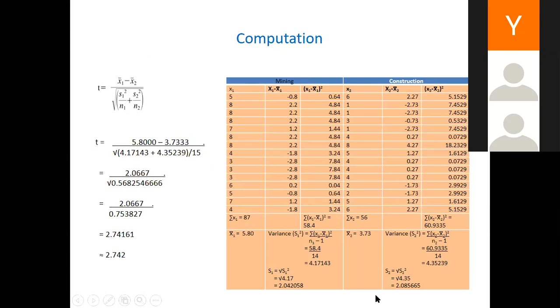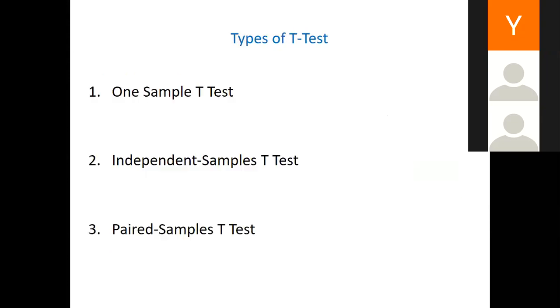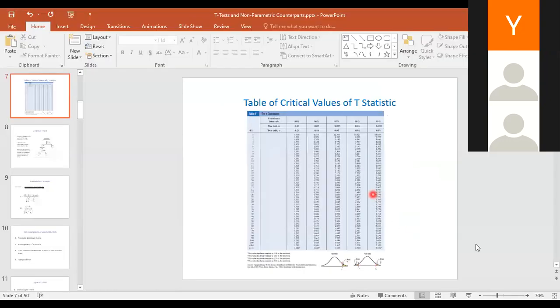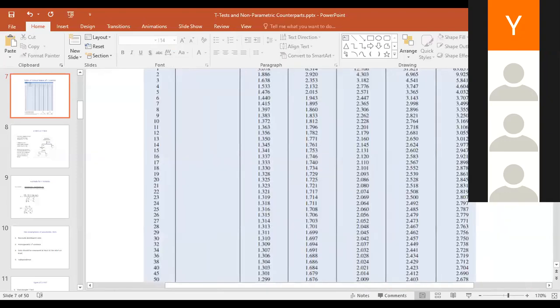So if you look at the critical value, the value 2.74 is still greater than it for the degree of freedom. Let's check the degree of freedom. It is greater. 28, yes. Look at the degree of freedom 28 under this.